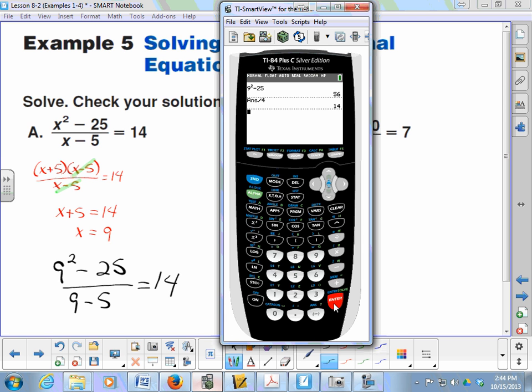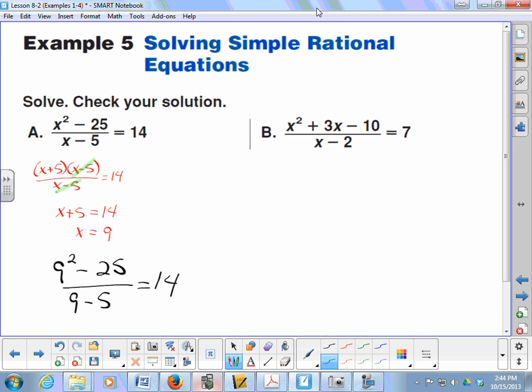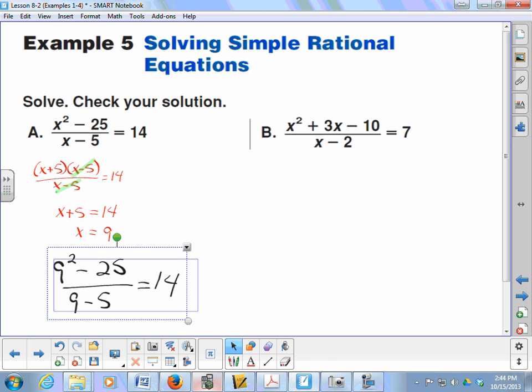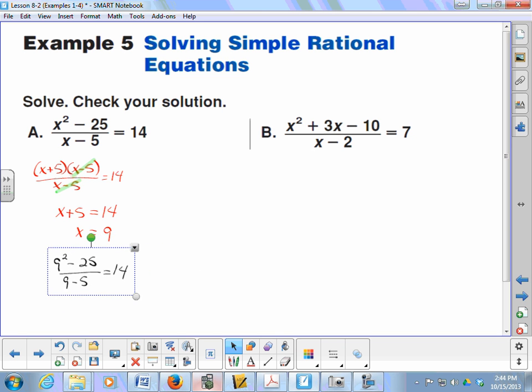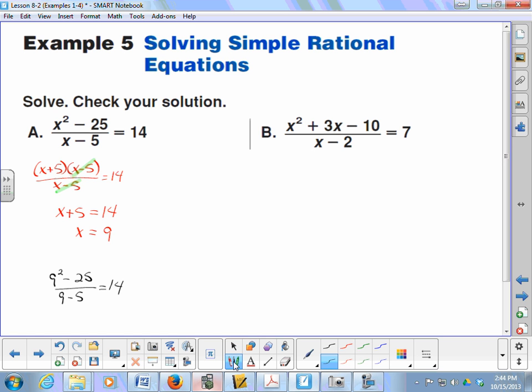But you need to make sure you always check it. And I'm going to show you why with example letter B here. Show you why it's important that you check it. Once again, we'll factor what we can. The numerator can be factored.